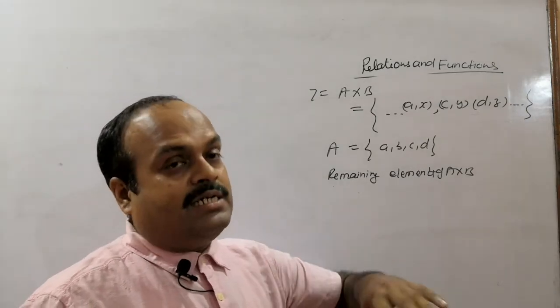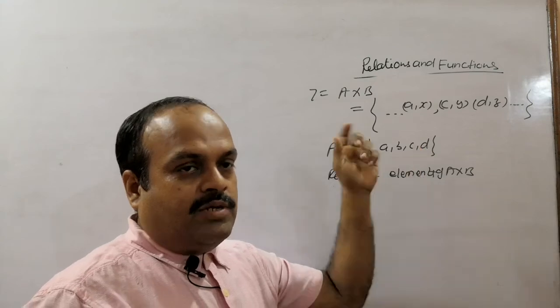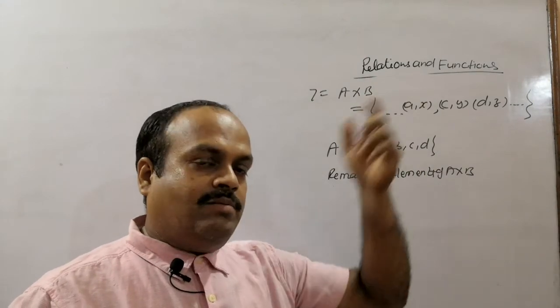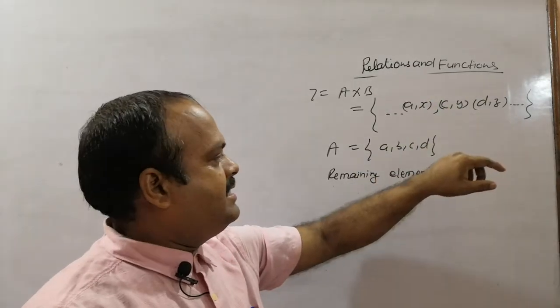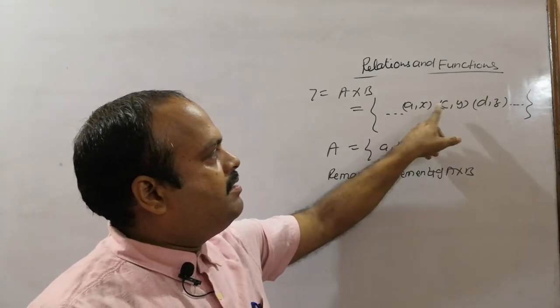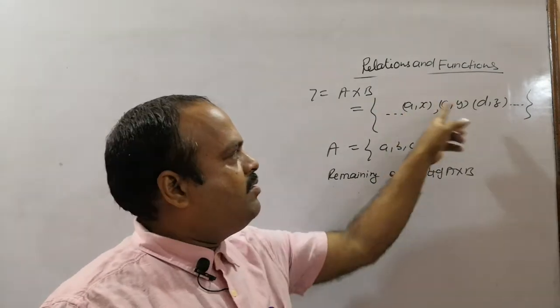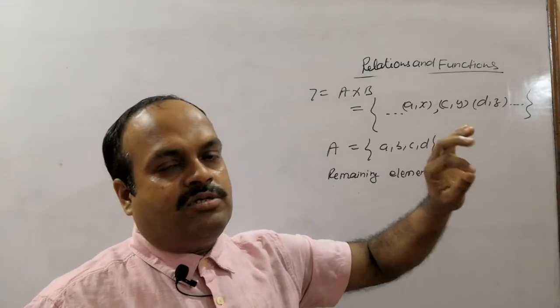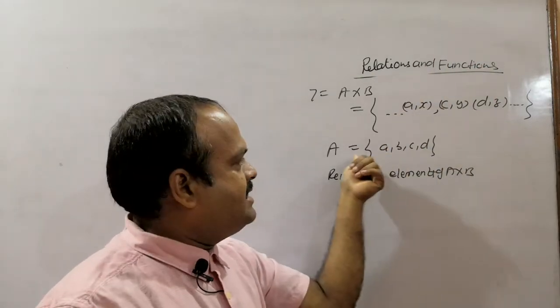Since A has 4 elements, A cross B will have the least elements only when set B has a set with 3 elements, x, y and z. I hope you know that in ordered pairs the second entries belong to the second set.